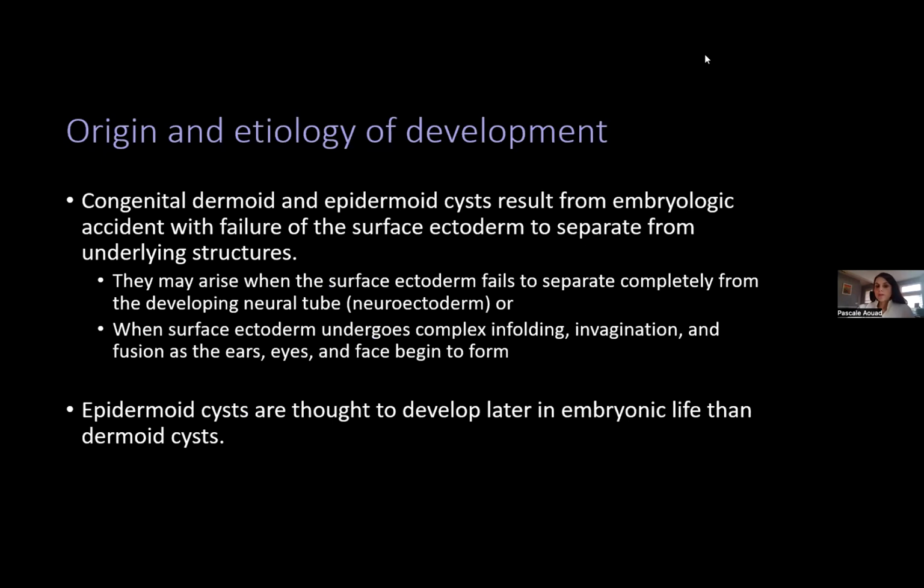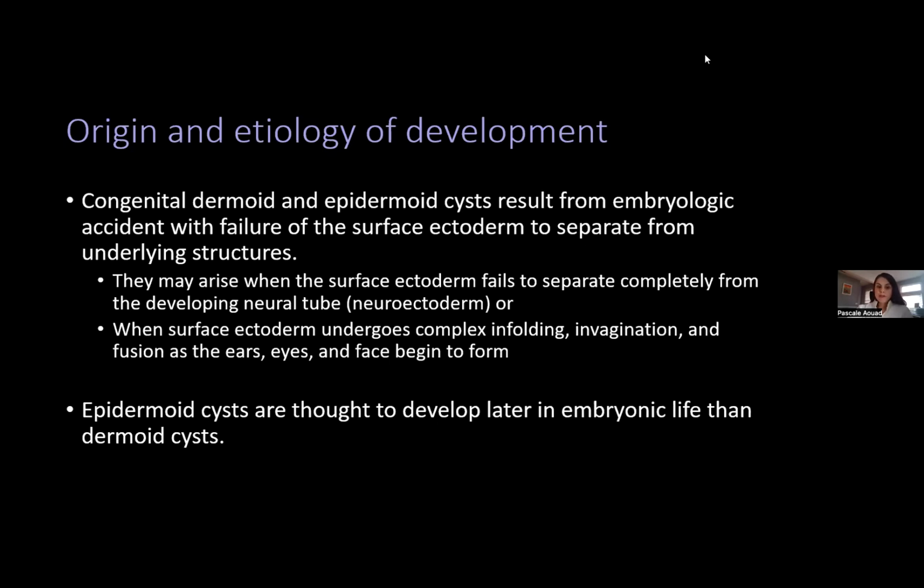Congenital dermoid and epidermoid cysts result from an embryologic accident with failure of the surface ectoderm to separate from the underlying structures. They might arise either when the surface ectoderm fails to separate completely from the developing neural tube, or when the surface ectoderm undergoes complex enfolding, invagination, and fusion as the ears, eyes, and face begin to form.